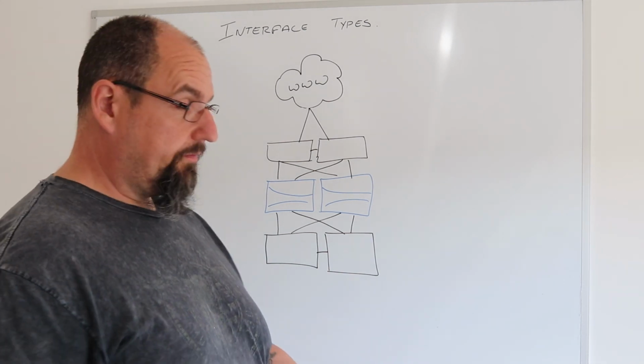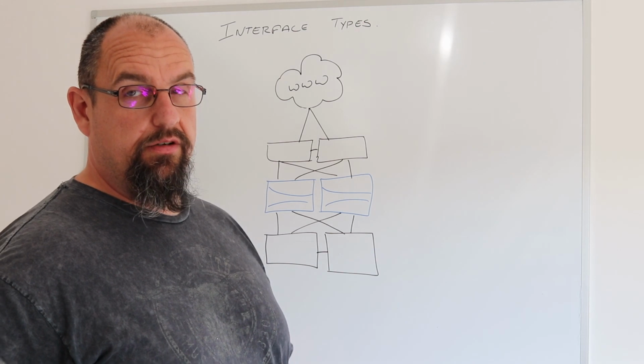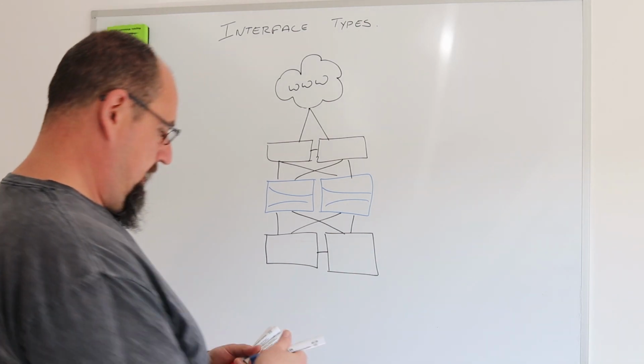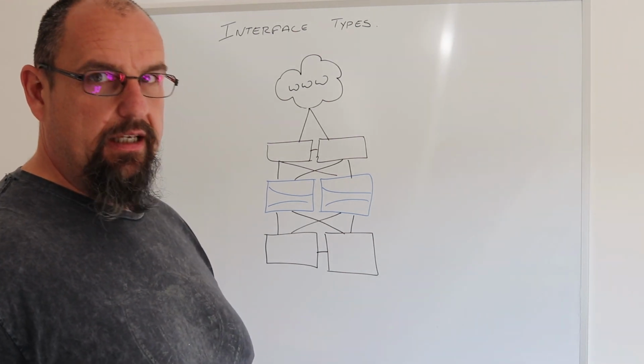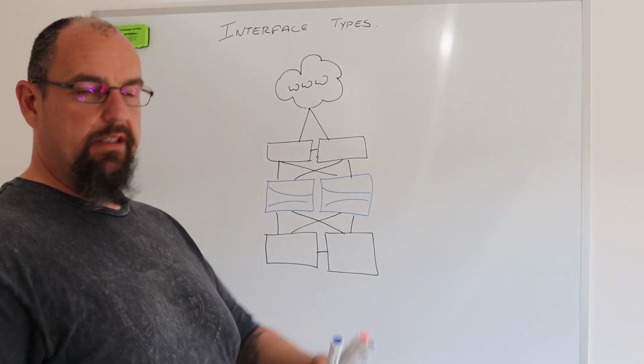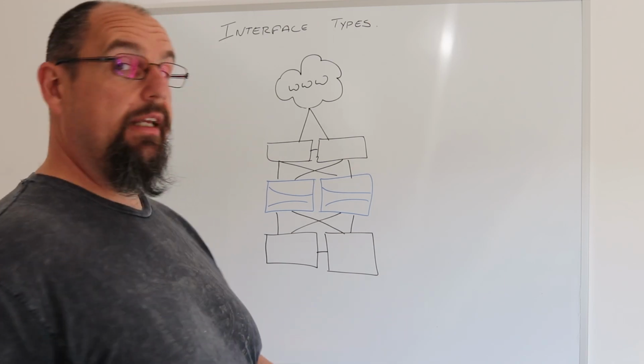But what we can do to increase throughput and to have resiliency is create aggregated interfaces. So again, an aggregated interface is a logical construct that sits above the physicals, and you have to create that first.